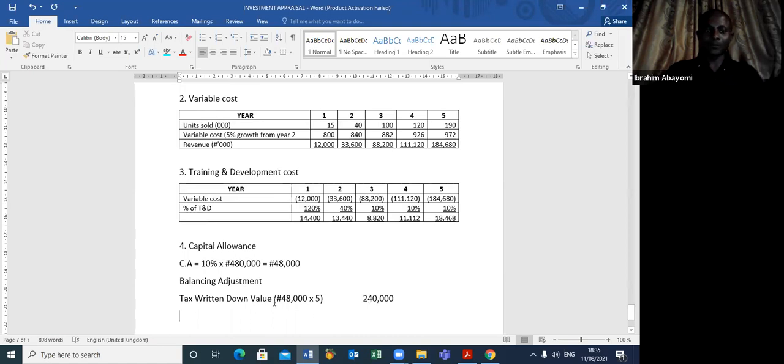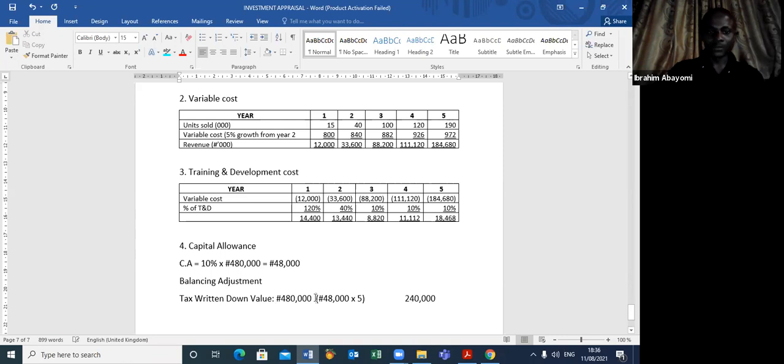Okay. Now, this is what I'm supposed to do: 480 million minus 48,000 times 5. That will be 480 million minus 240,000. So the balance will be what?